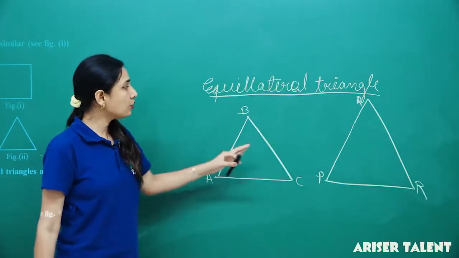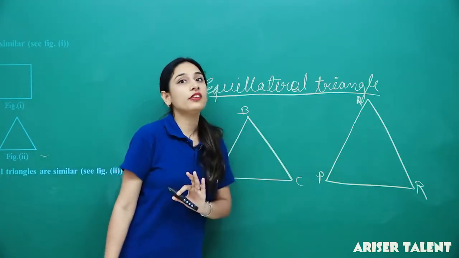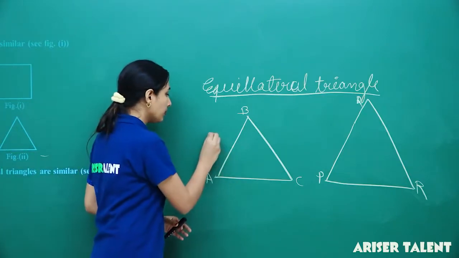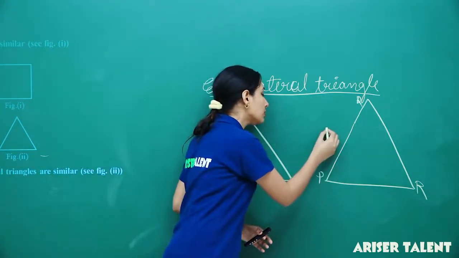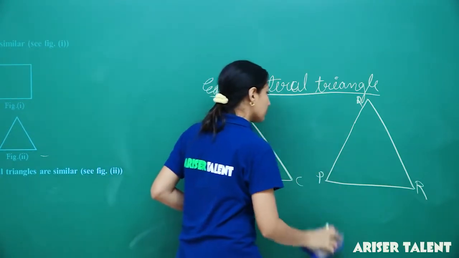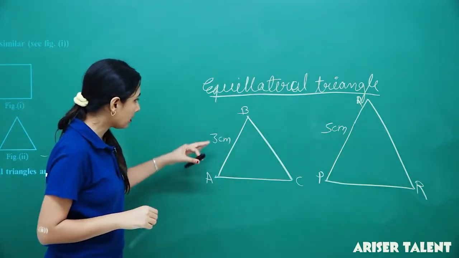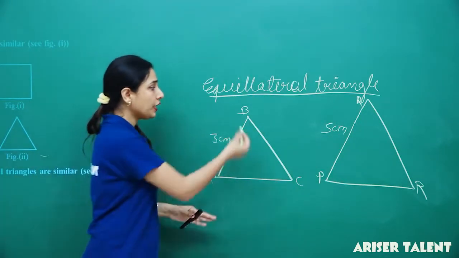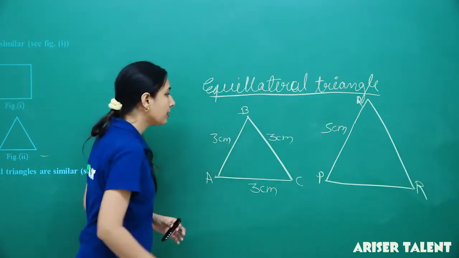If this is one equilateral triangle, and this is the second equilateral triangle, let us assume this one is 3 centimeter, and this is, let's assume, 5 centimeter, 5 centimeters. We are repeating this again and again. Now 3, so it will be automatically 3. That's why it's an equilateral triangle.